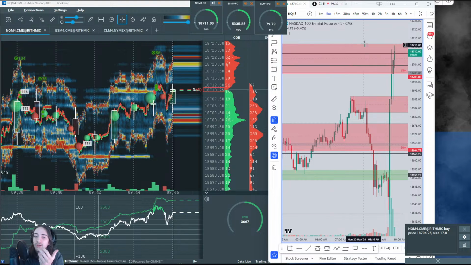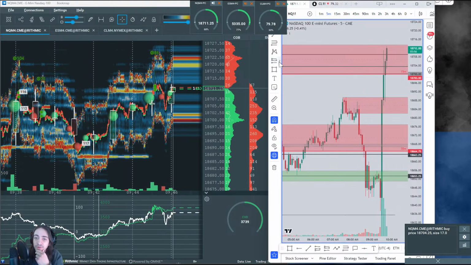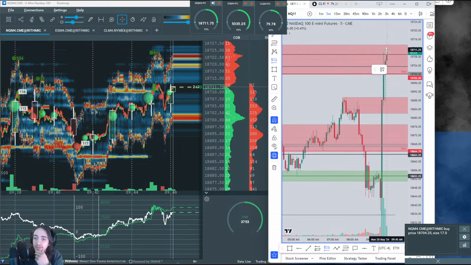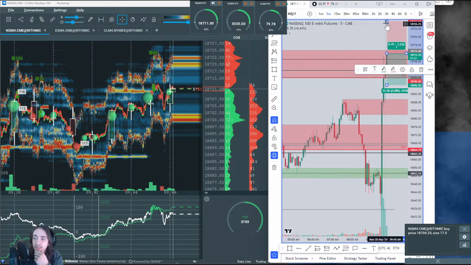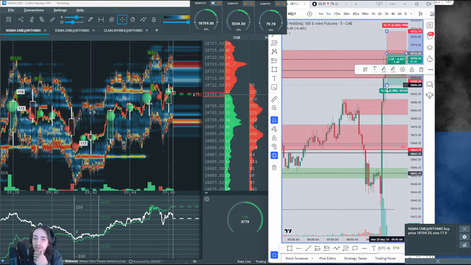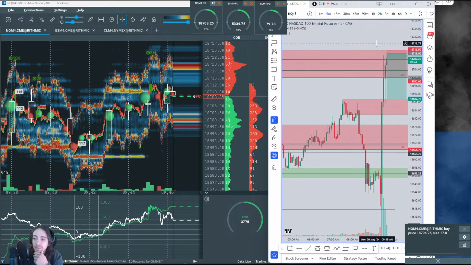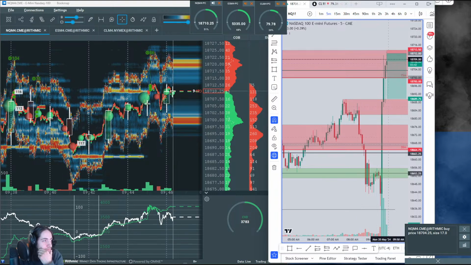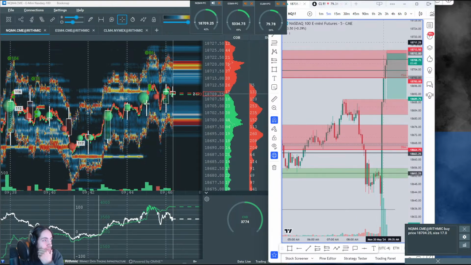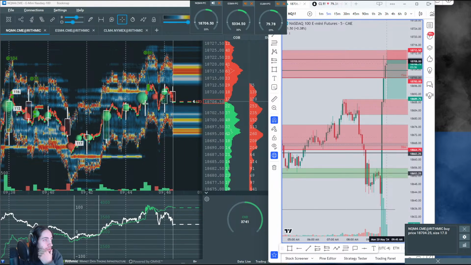Could possibly grab a short up here with the stop at the top of supply, but again, then we're just trying to grab every short we see, and buyers are clearly present. It's probably just going to break at any moment now. If we break it, we probably get a nice scalp to the upside. I'm considering getting in just for the fact that it's such a tight stop loss right there.